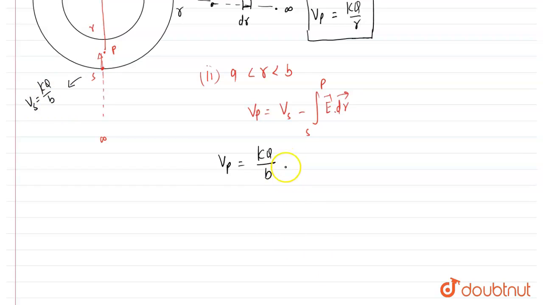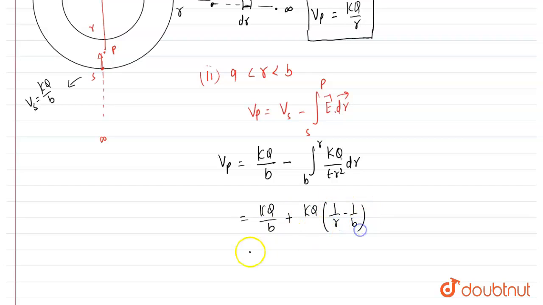So kq upon b minus integration from b to distance r, where the field in that region is kq upon epsilon r square, dr. So we will get kq upon b plus kq times 1 upon r minus 1 upon b. That is the potential when r is less than b and greater than a.